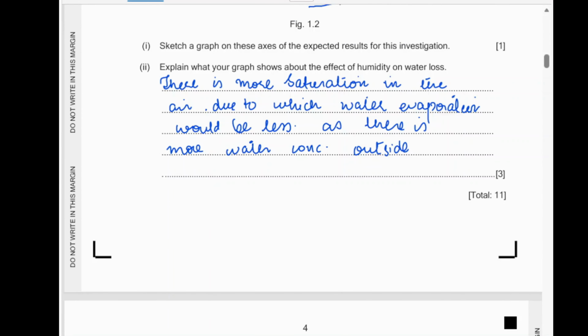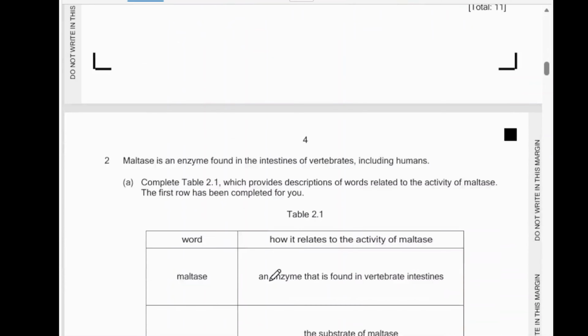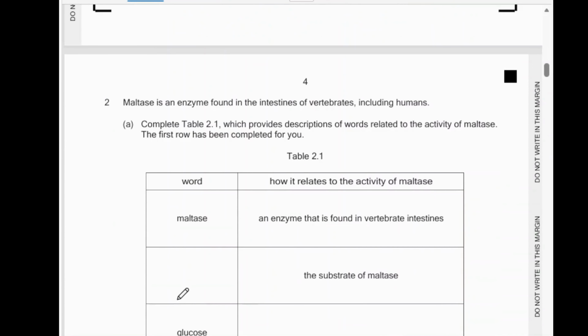Yes. So outside in the environment. Okay. The next question is about maltase. Now you have to tell about the activity of maltase. Okay. So maltase is a word that means it's an enzyme. Okay.